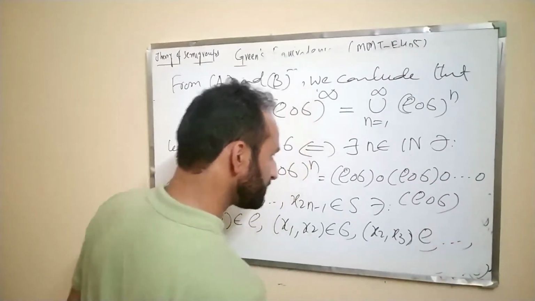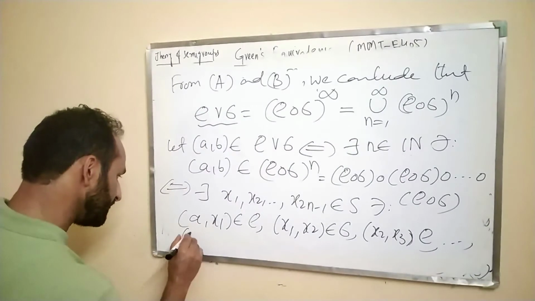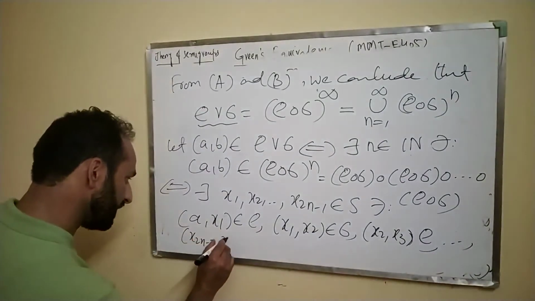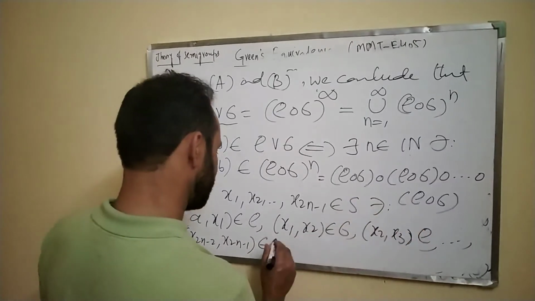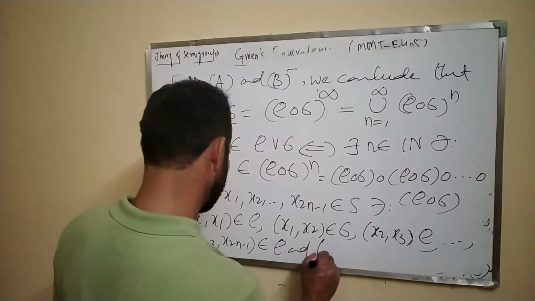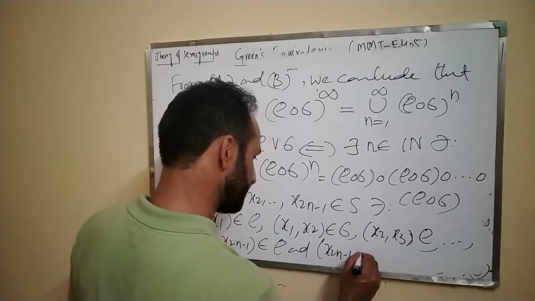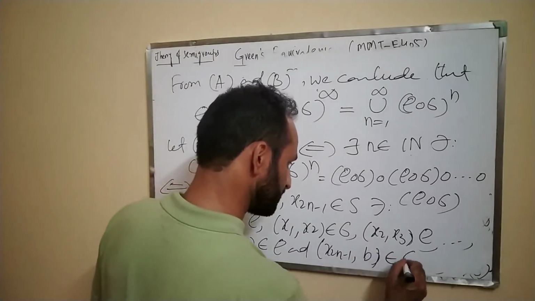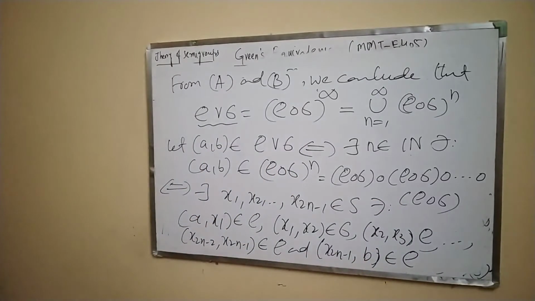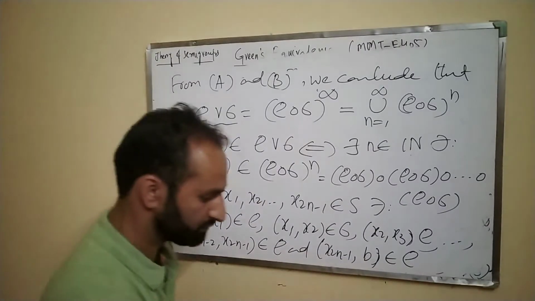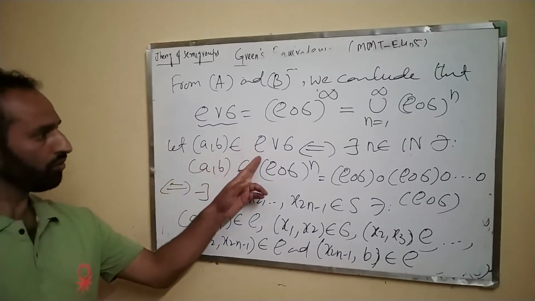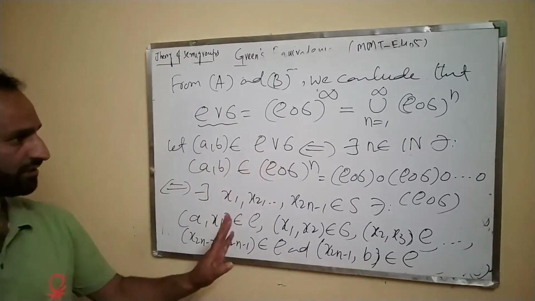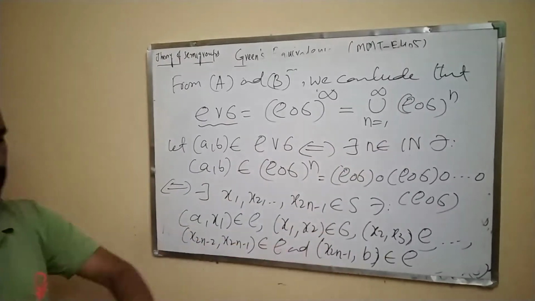You can continue this process, and x(2n-2) comma x(2n-1) belongs to rho, and finally x(2n-1) comma b belongs to sigma. So this proves the theorem completely: a comma b belongs to rho join sigma if and only if there exists n belonging to N such that this holds.